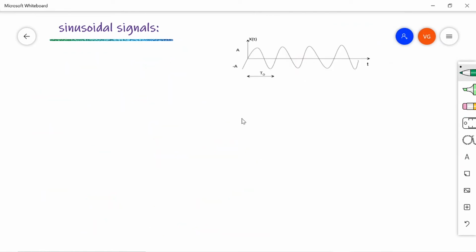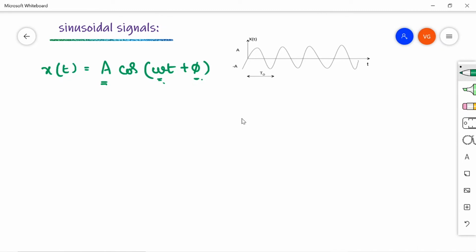The next signal is sinusoidal signal. Mathematically, the sinusoidal signal is represented as x of t is equal to a cos of omega t plus phi, where here a is amplitude of the signal, omega is angular frequency measured in radians per second, and phi is the phase angle measured in radians.